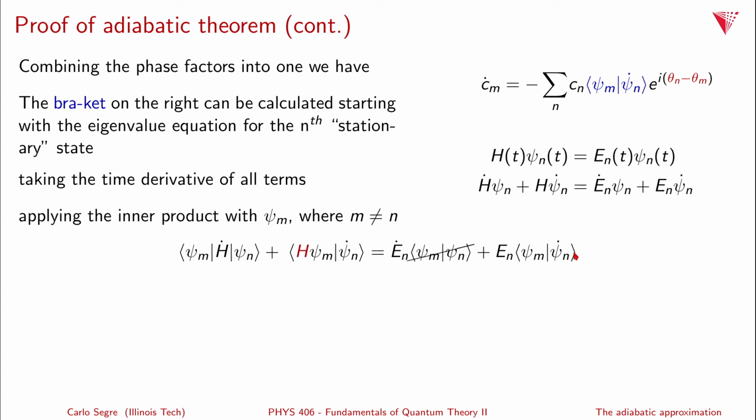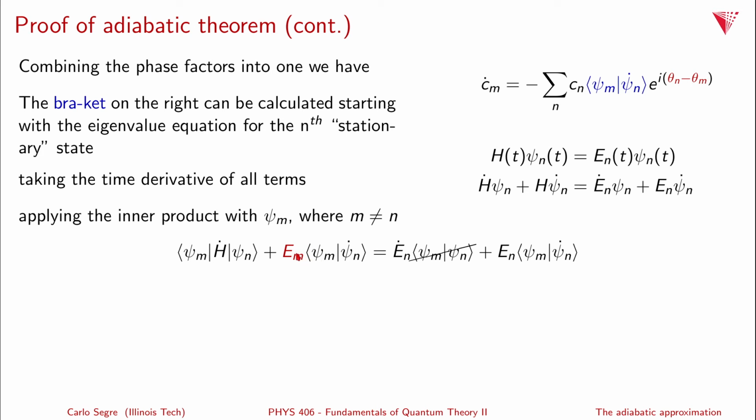Well, clearly we can bring this term over to the left side, because the Hamiltonian is Hermitian. So when you apply it over to the left side, you'll get H applied to psi sub m. Then we know that, because these two are orthogonal, since m is not equal to n, this term cancels.